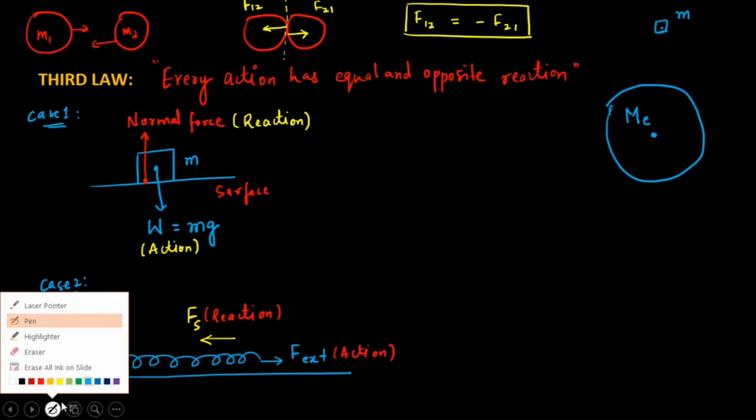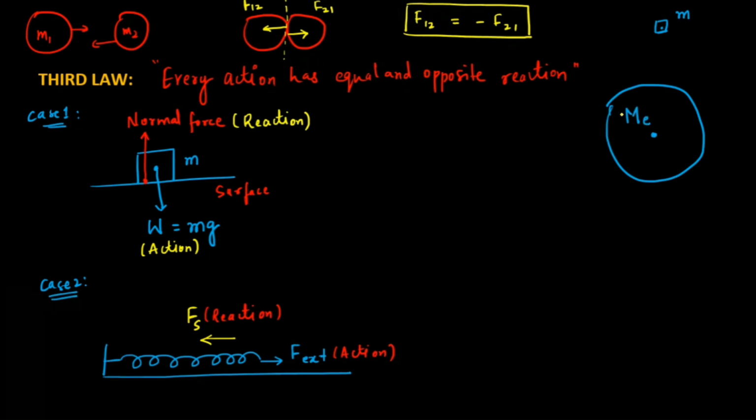We always know that the Earth is pulling that object towards itself with a certain force, which you can call F12. According to this law, the object is also applying some force onto the Earth, which might be F21. And these two forces, according to the third law, should be equal.